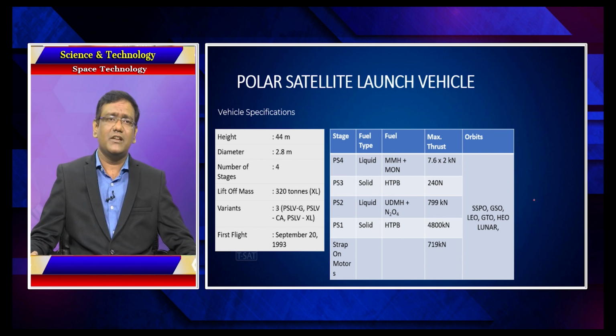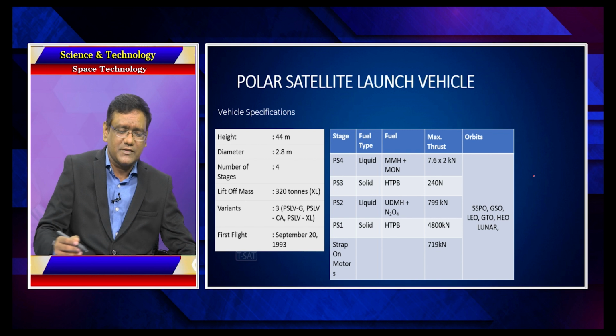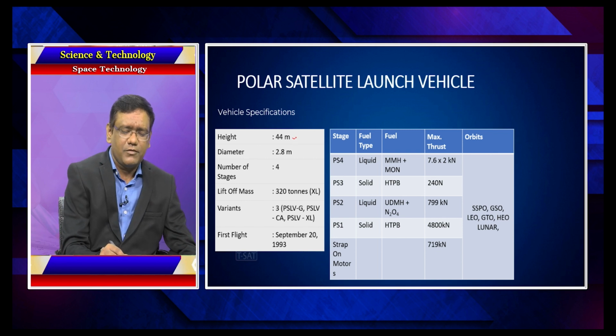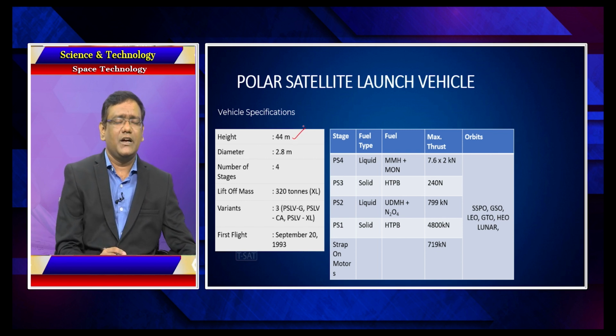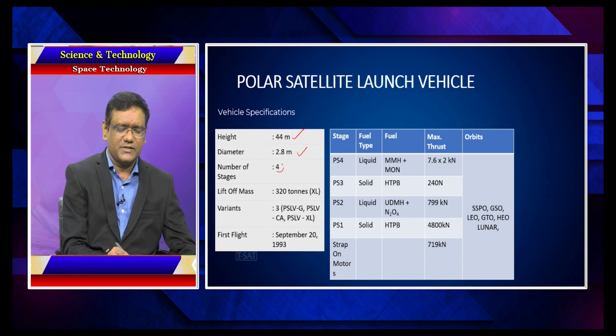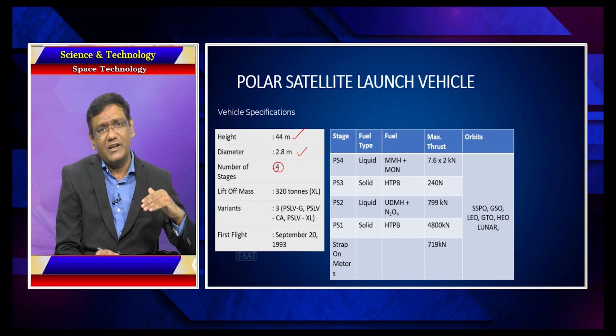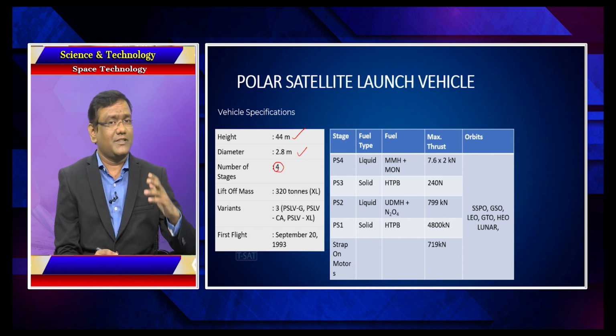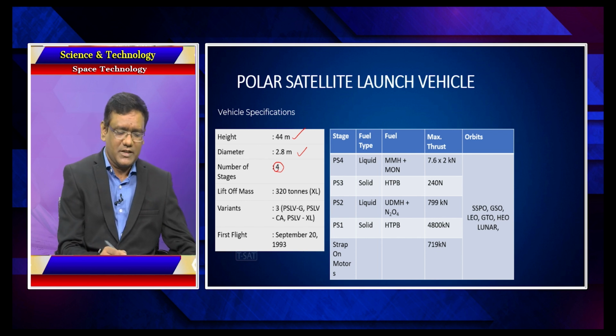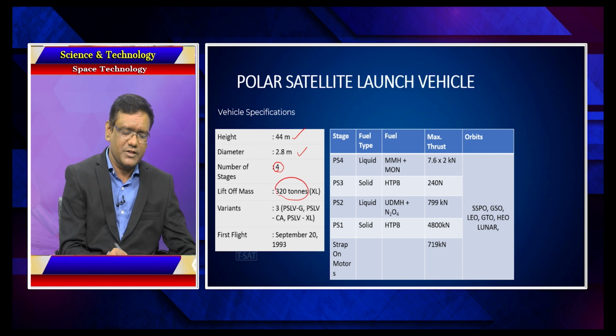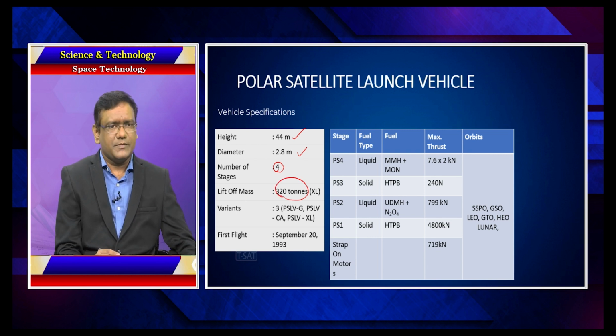This launch vehicle has its specifications, like you can see. The height is 44 meters and it has a diameter of 2.8 meters. The number of stages is 4. The lift-off mass, that is the mass when it lifts off from the earth, from the TSAT, is 320 tons.